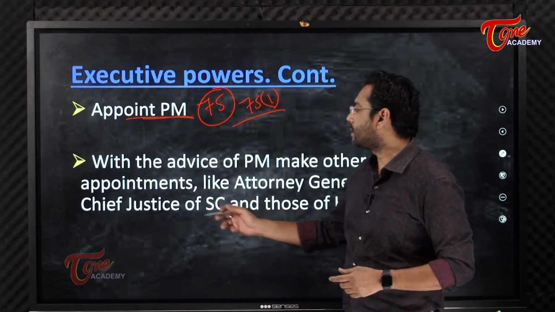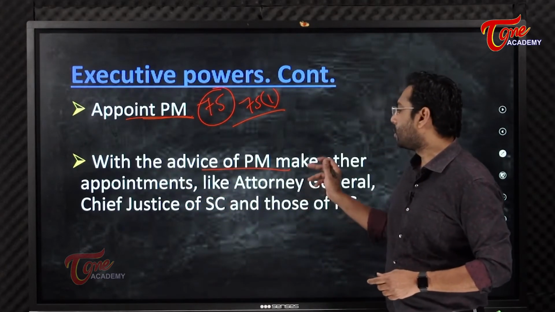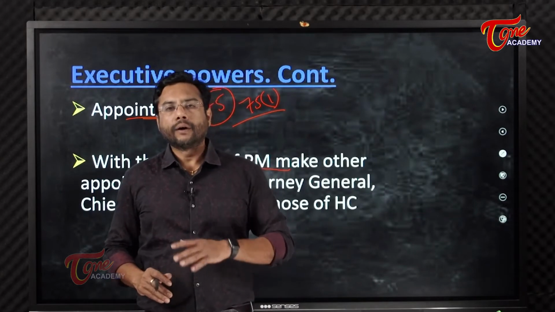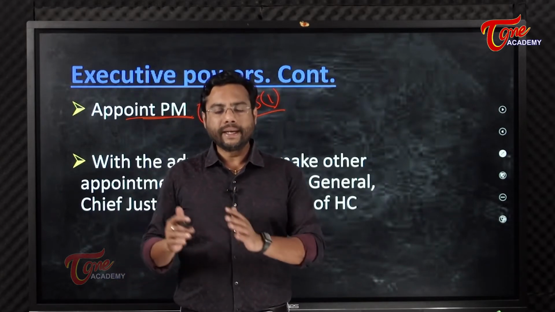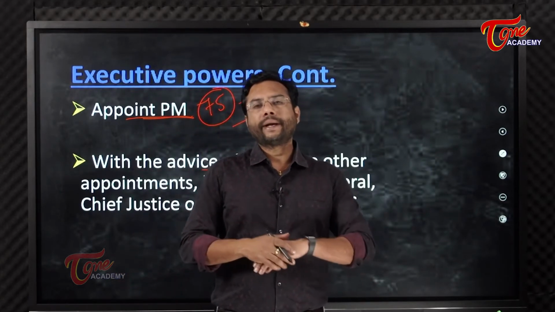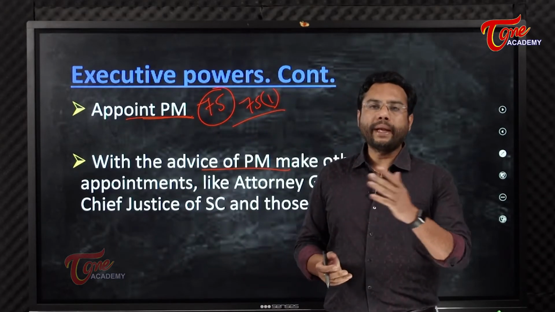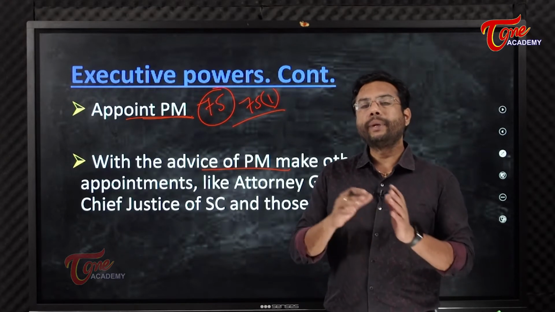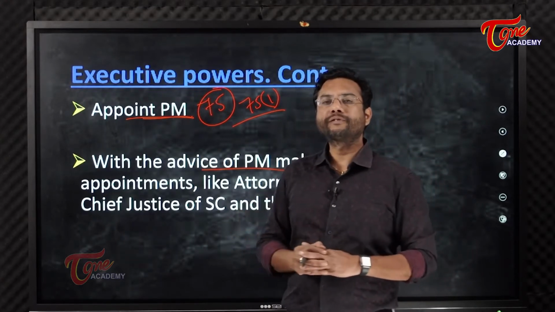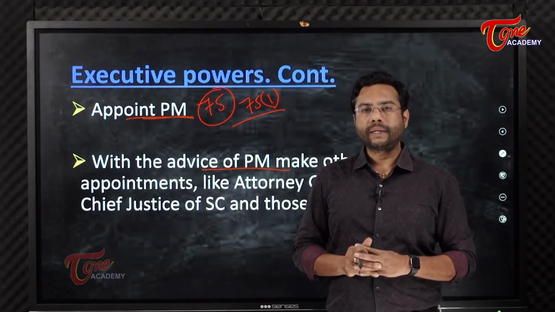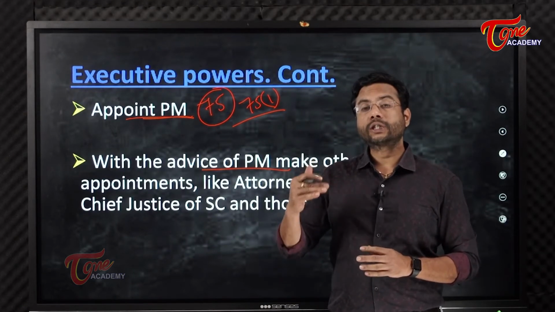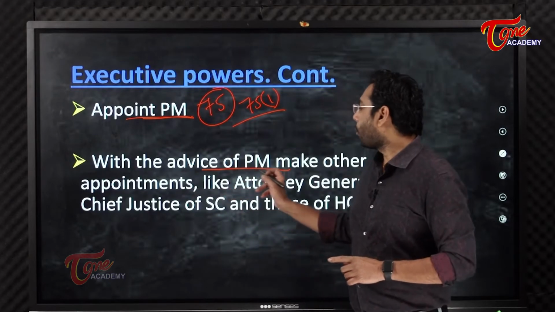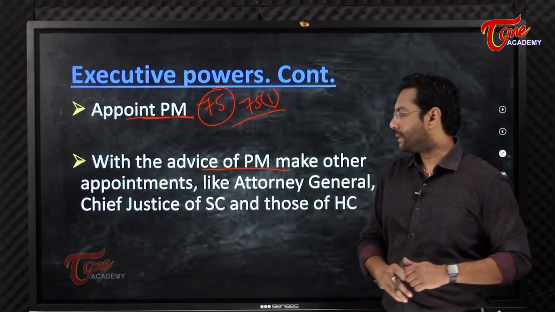So again saying the same thing, with the advice of the Prime Minister make other appointments. Once the Council of Ministers are appointed, it's a political body. There are many MPs who take the oath, and apart from the MPs we have ministers who take a special oath of secrecy, again administered by the President. But again we have constitutional dignitaries also. So these are the important appointments made by the President.